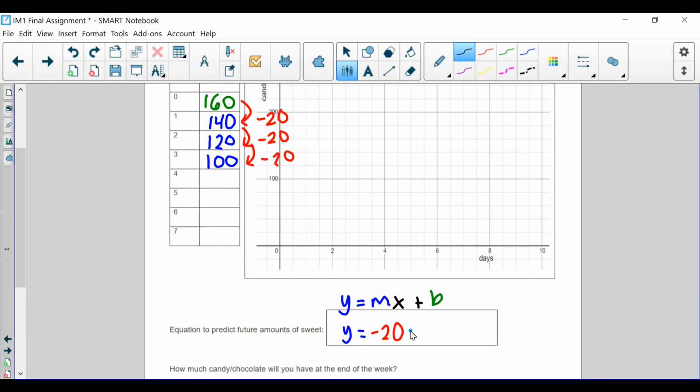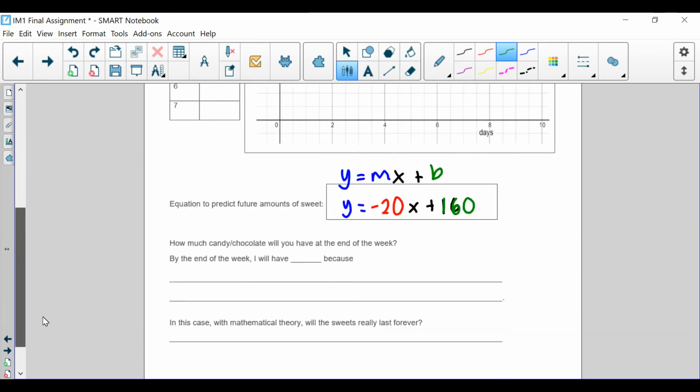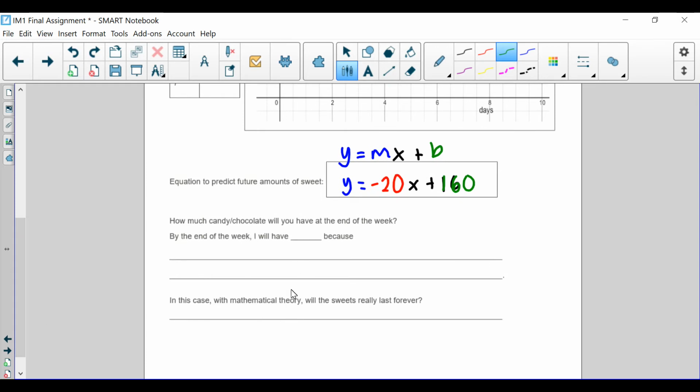Then we're going to say x plus the b value, which is our starting value, which is 160 candies. And there we have it. Alright, and then you're going to figure out how much do you have at the end of the week, and then will it really last forever?